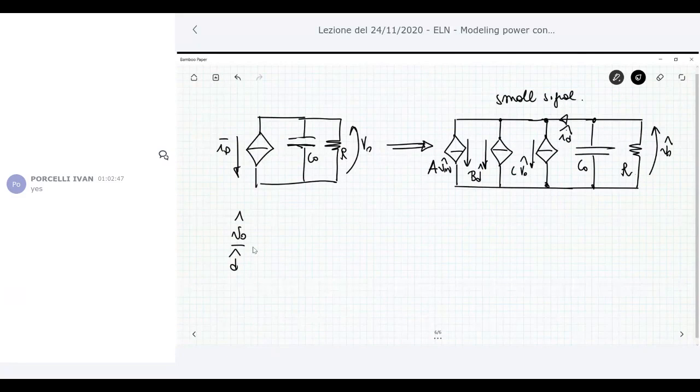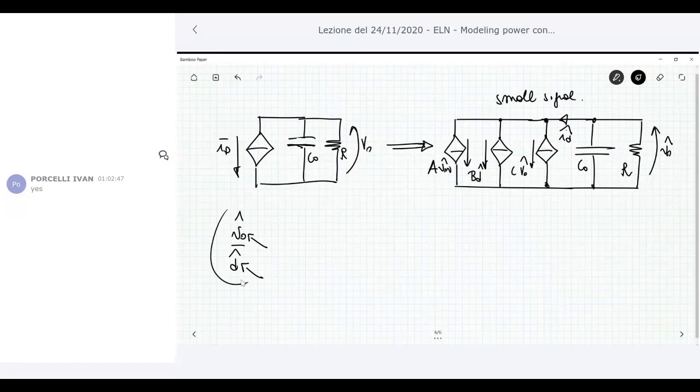Always in describing these 3 methods, at the end we derive this transfer function, which is very important for control action. What is the effect of the variation of the control signal on the output voltage quantity?